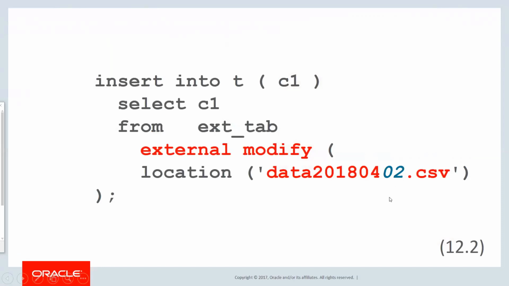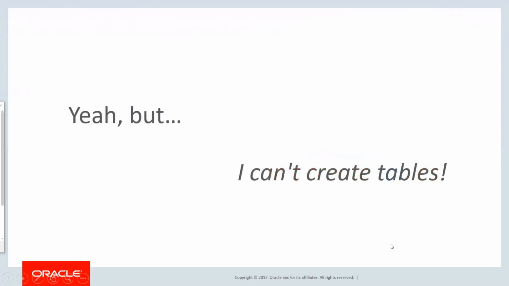But then people quite often run into another problem. We talked about reasons people use SQL Loader. One is they're using local files on their desktop, or for whatever reason they're not on the database server. Another reason, and something that people quite often come up with when they're sending questions to AskTOM, is, I can't create tables.